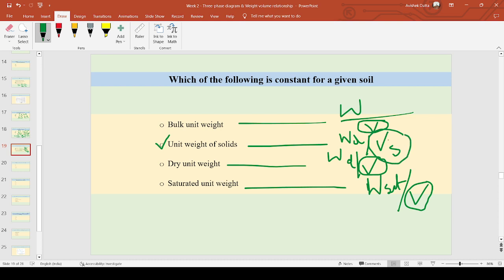In this case, we have the weight of the dry soil mass, soil solids, and the denominator is more important because it has the volume of the soil solids. Here we have V in the denominator, but V will change, right? Here Vs won't change. So this unit weight of soil solids is constant for a given soil. Clear? Yes, sir. Good.